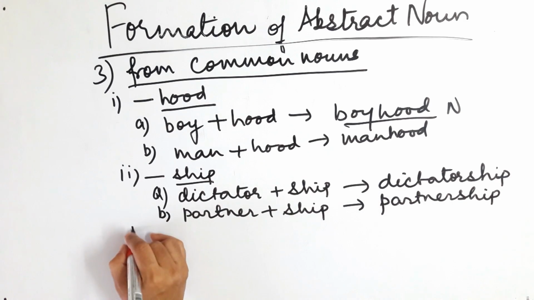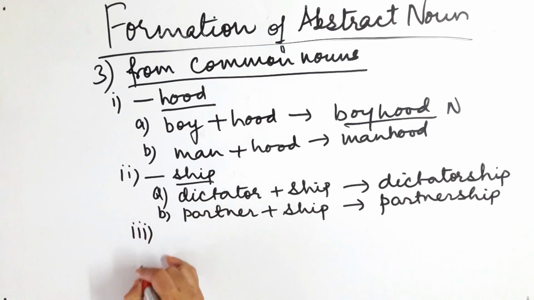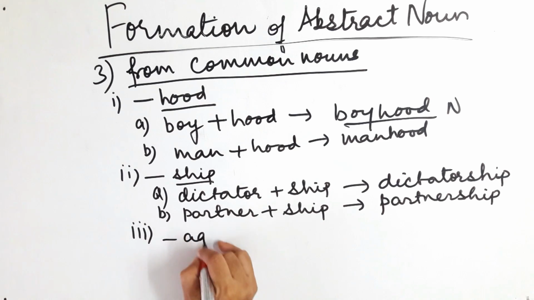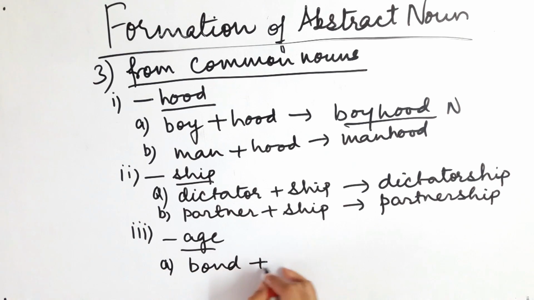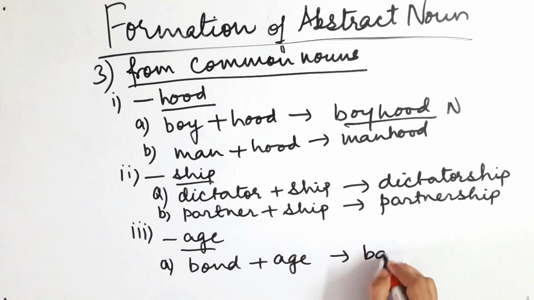Another way of changing common nouns into abstract nouns is by adding AGE. Here we will come across certain words like BOND. We will add AGE, it becomes bondage.